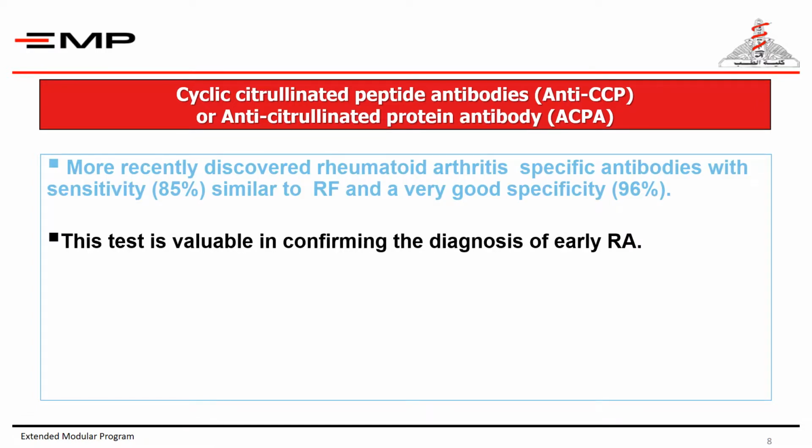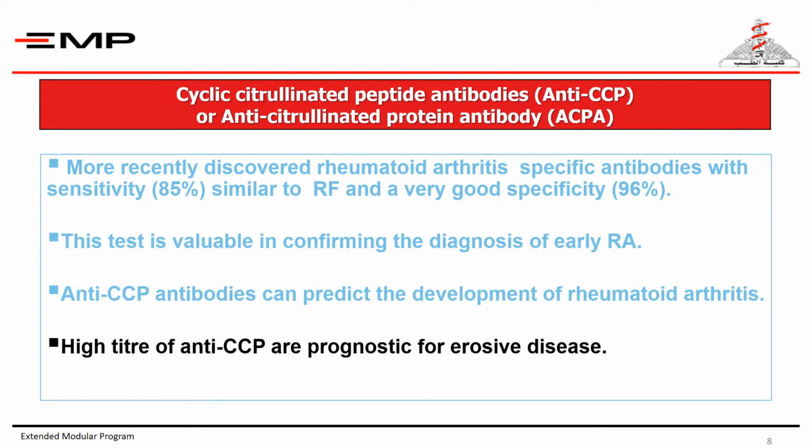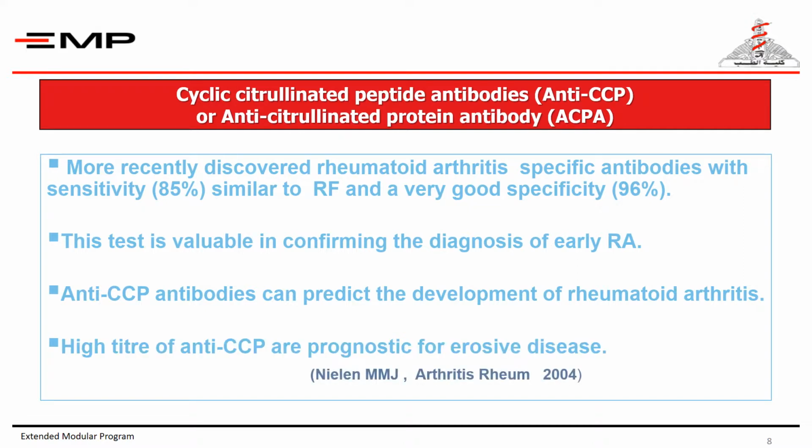This test is valuable in confirming the diagnosis of early RA. Anti-CCP antibodies can predict the development of rheumatoid arthritis. High titer of anti-CCP is a prognostic factor for erosive disease.